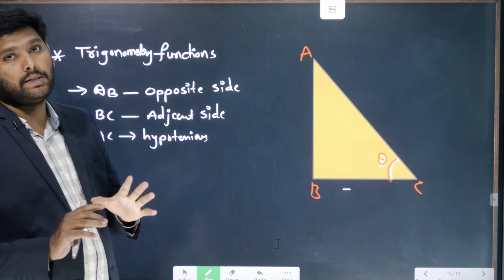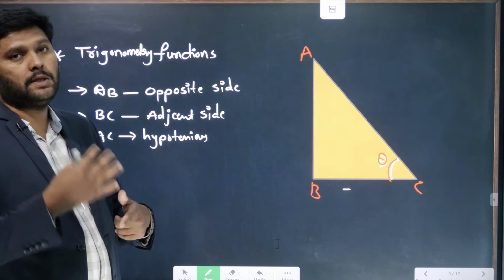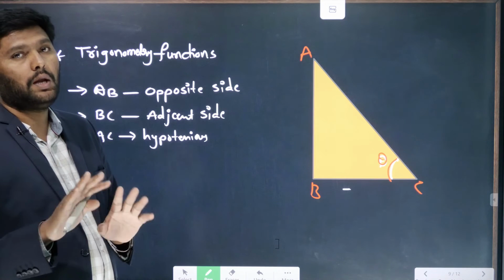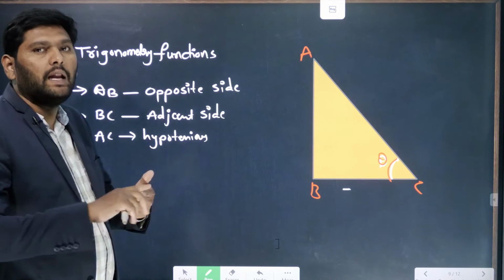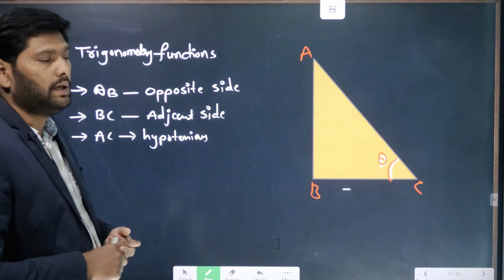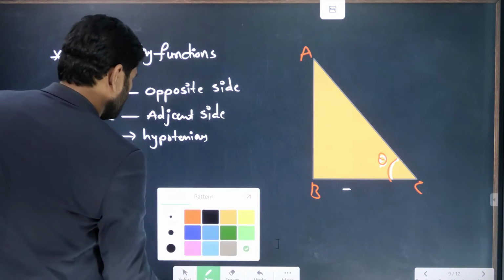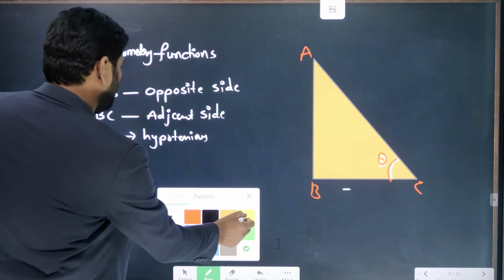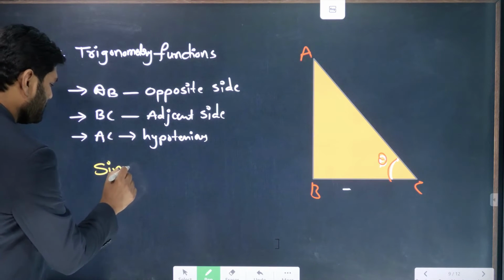Here we have 3 trigonometric functions. Actually we have 6, but mainly 3. The opposites of these 3 are another 3. Totally 6 we have. First I will explain the 3, later I will explain the other 3. The first one is the sine function, sine theta.